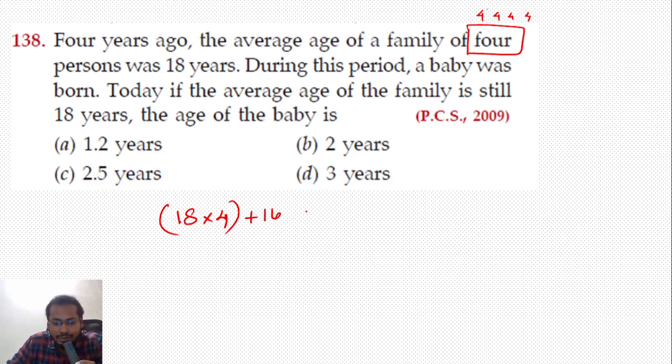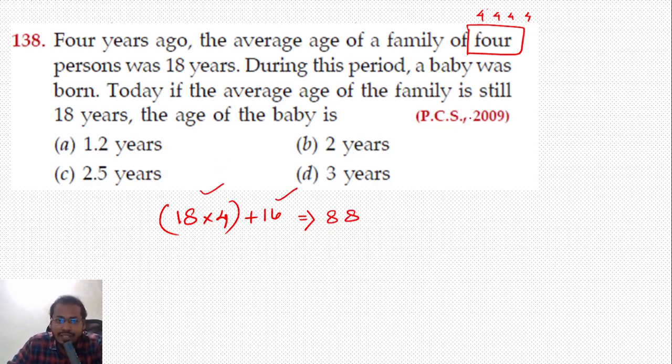Correct? So it will be 18 into 4 plus 16, 72, 88 varuma. So 88. Okay, right. This is the average 4 years before. After 4 years, I need to add 16. So totally it was 88. During this period, a baby was born.